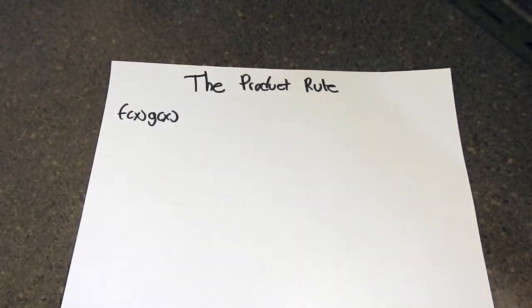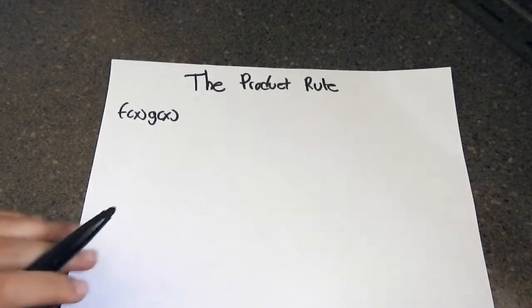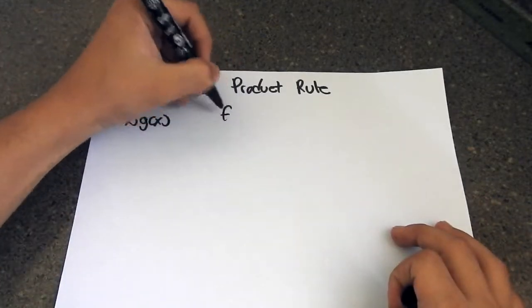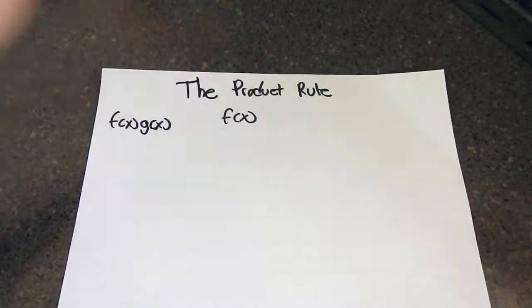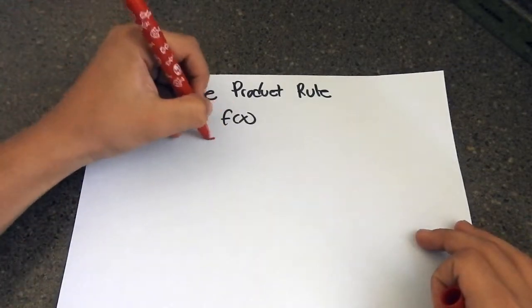Before introducing you to the product rule, I would like to remind you of some things. For example, we have f of x and we want to say the derivative of f of x. We use certain notation.